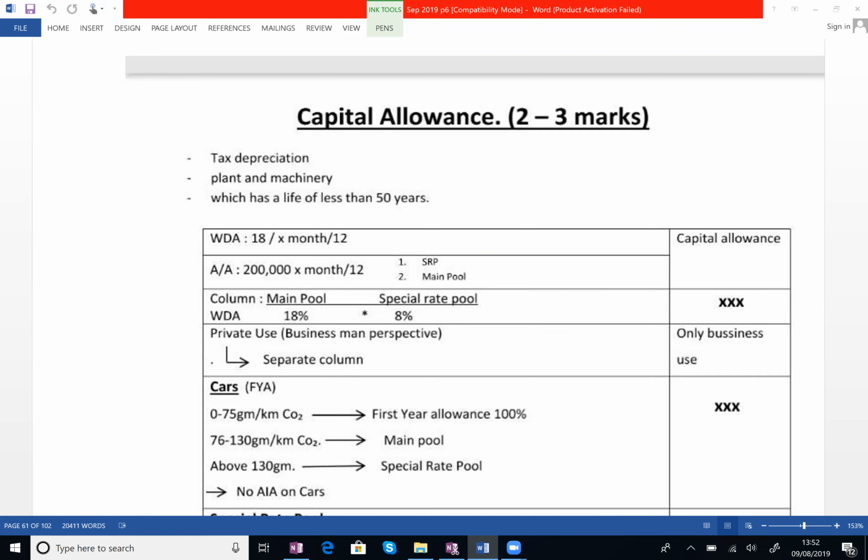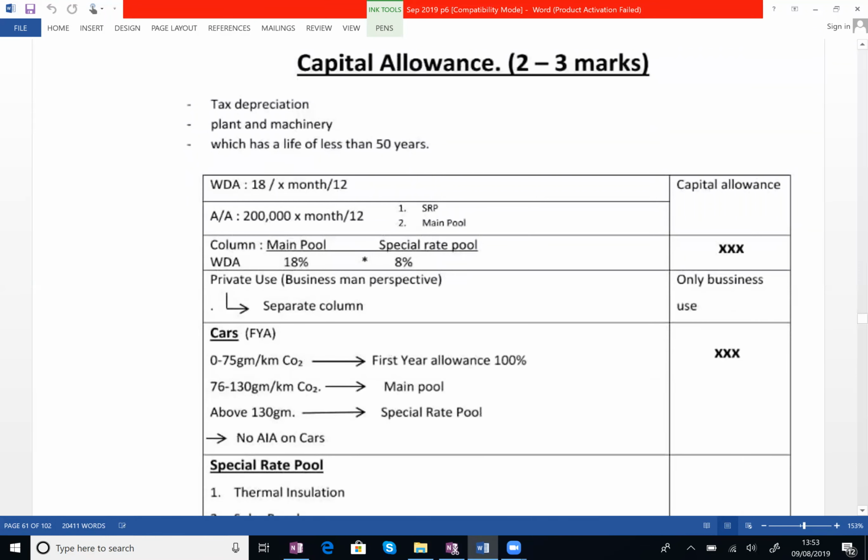Please make it 18%. If your accounting period is less than or more than 12 months, you can apportion it by month by 12. How to apply it? We will do a question. I am reading only. We will do the questions and then this topic will be more clear.